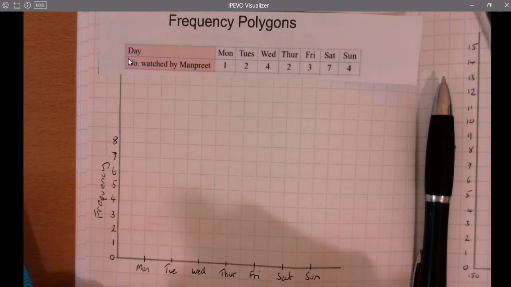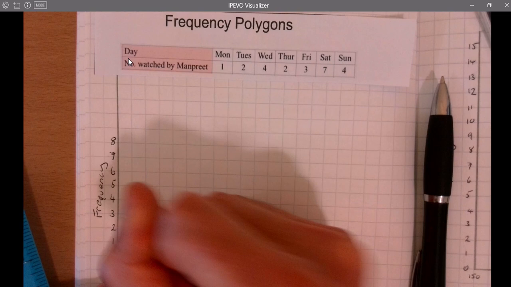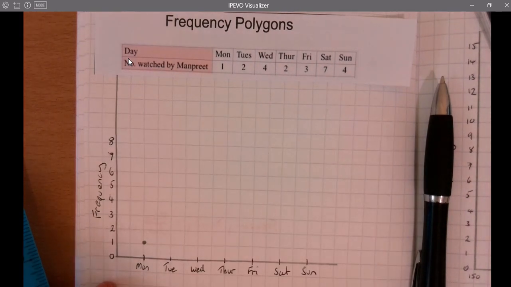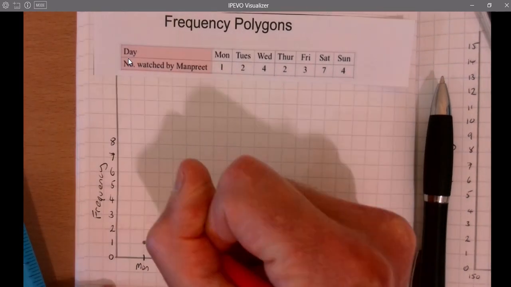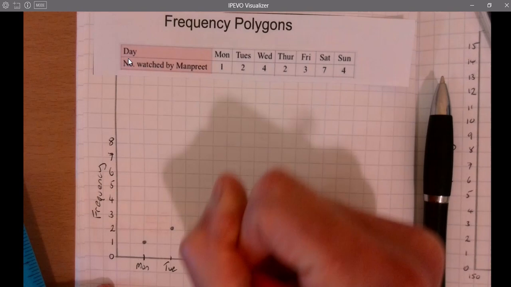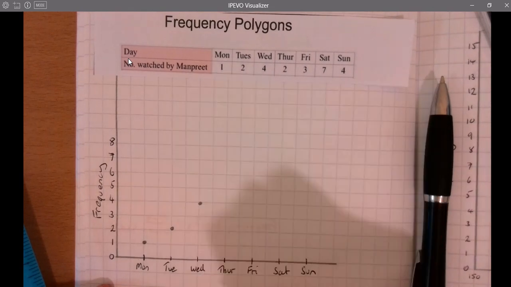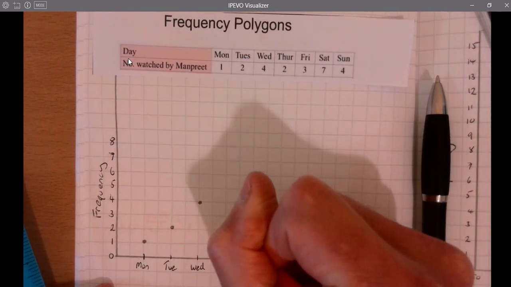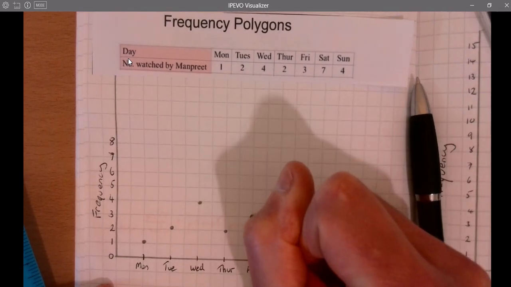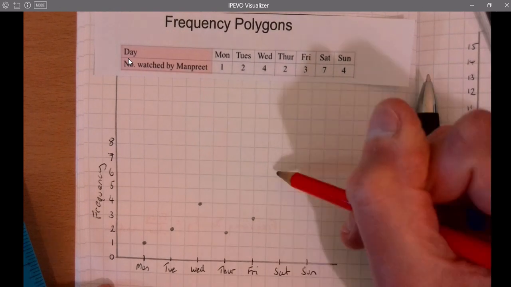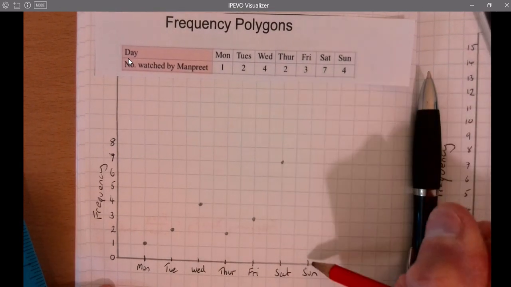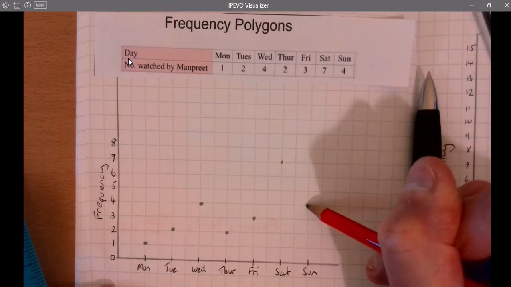All it is, I just put a 1 for Monday, a 2 for Tuesday, 4 for Wednesday, 2 for Thursday, and that's all we've got. There we go, Saturday and Sunday.